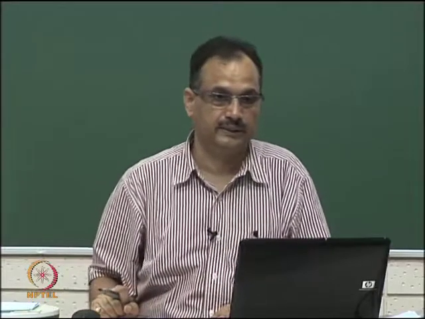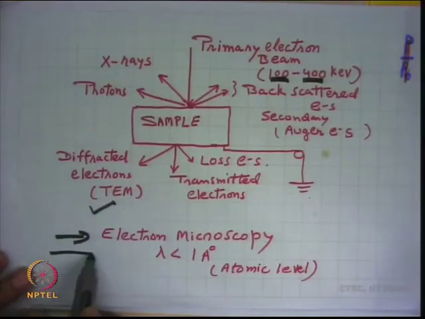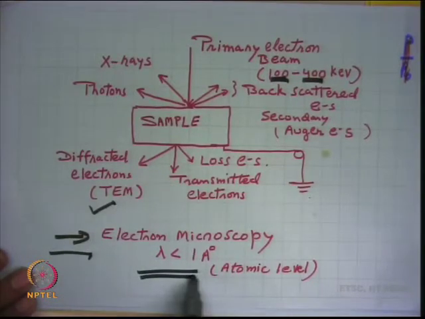Similarly, the metal composition can be determined, and the size of the crystal can be determined, because this information is at atomic level. That is why this is for electron microscopy, not for X-ray basically, because electrons have a wavelength of the order of less than 1 angstrom, so you can get information about the atomic level.